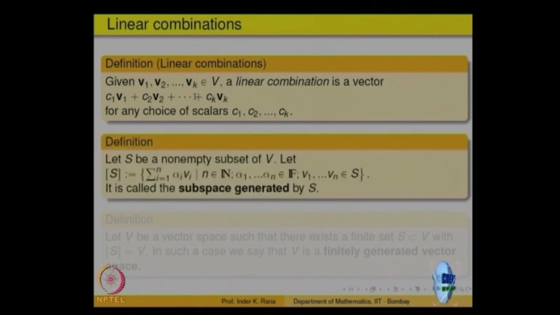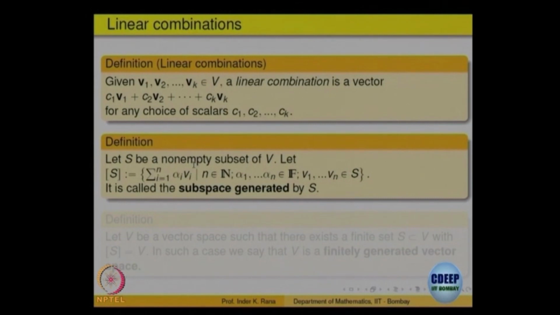Given a subset S of V, look at all sums of alpha i V i, where n could be any number, taking 3, 4, n, and choose any finite number of V1, V2, ..., Vn in S, take the same number of scalars in F and form that linear combination. This will be a finite linear combination.